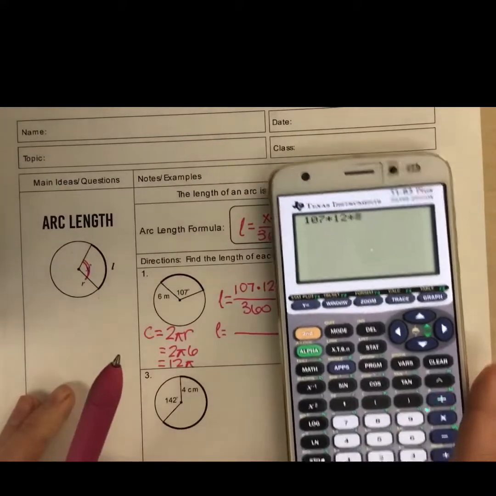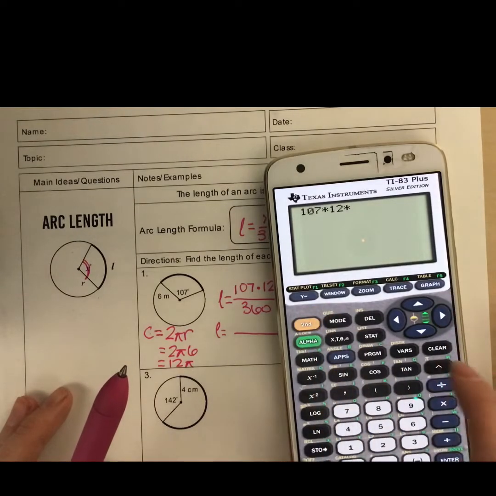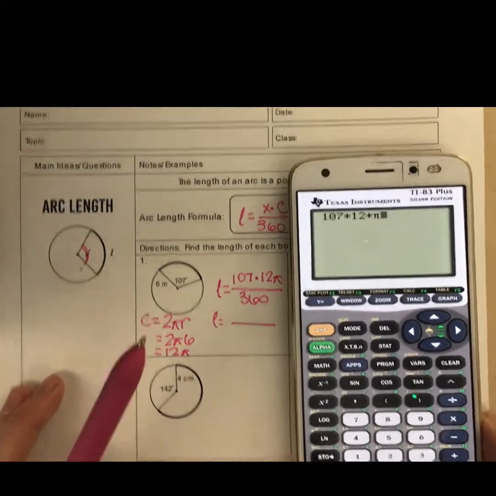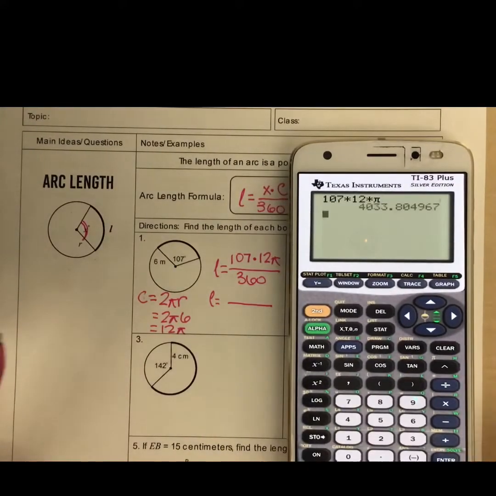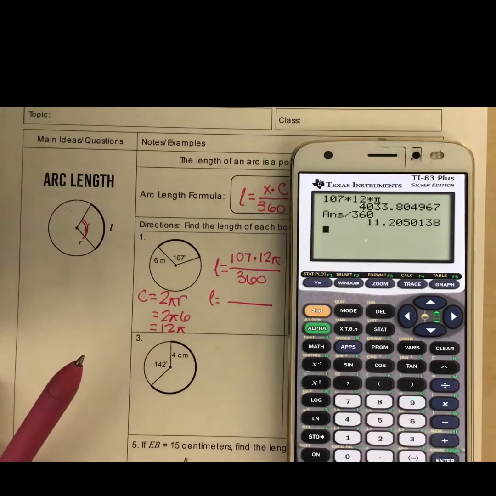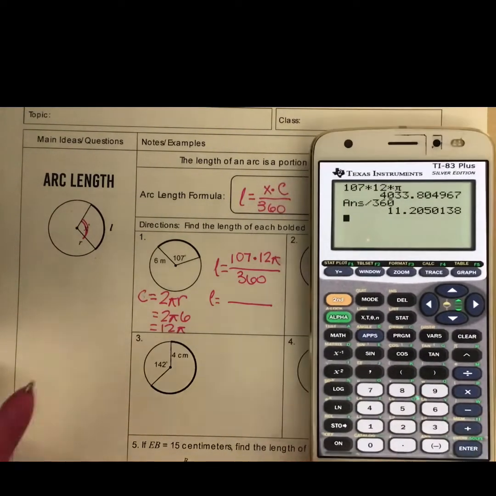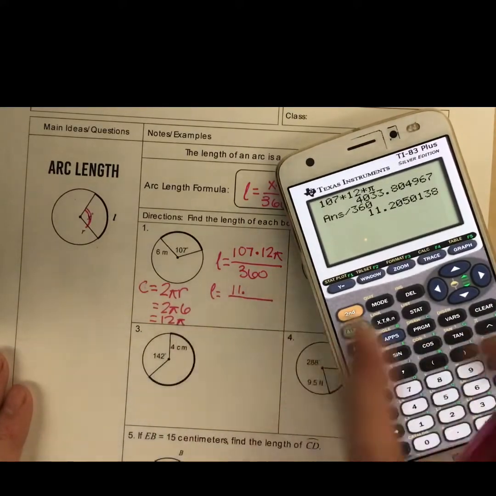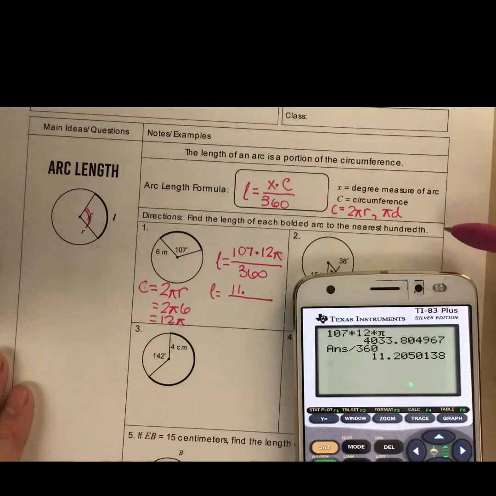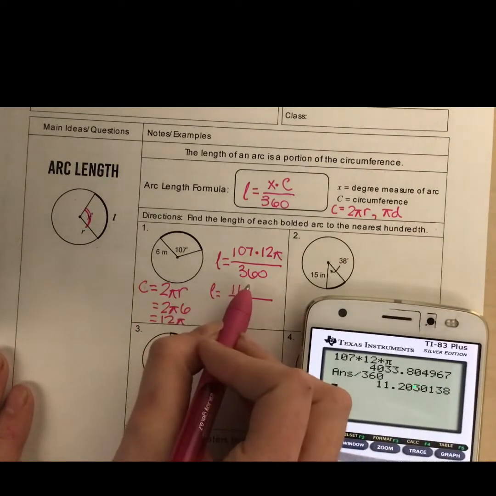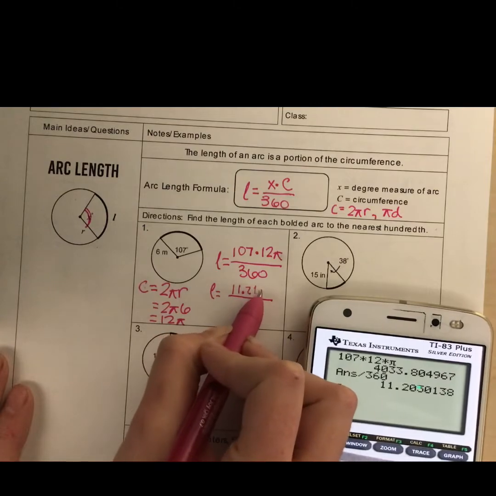So we'll type second caret, and that gives us our pi for our expression. I'll hit equals there, and then divide by 360. And I get that my length would be 11 point, and let's see, we wanted to round to the nearest hundredth this time. So we would get 11.21 meters.